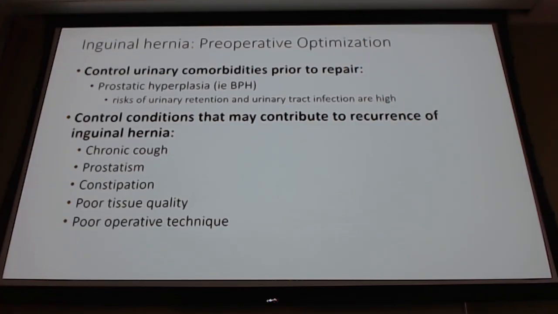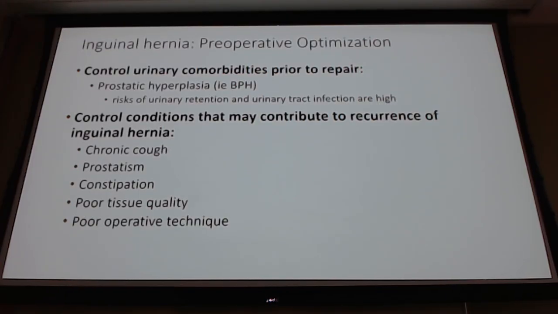All right, so when we talk about the routine elective hernia repairs, there are some things we want to try to control and to optimize before we fix them, because if we don't fix these, it's just going to reoccur. They're still going to have issues. The first one being prostate hyperplasia, most commonly benign prostate hypertrophy.